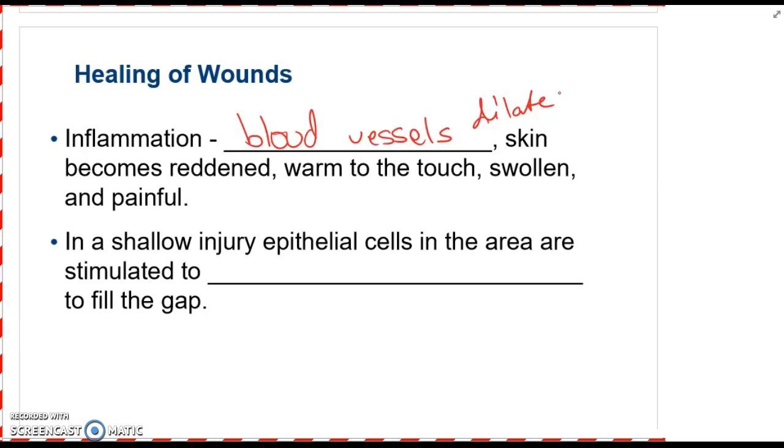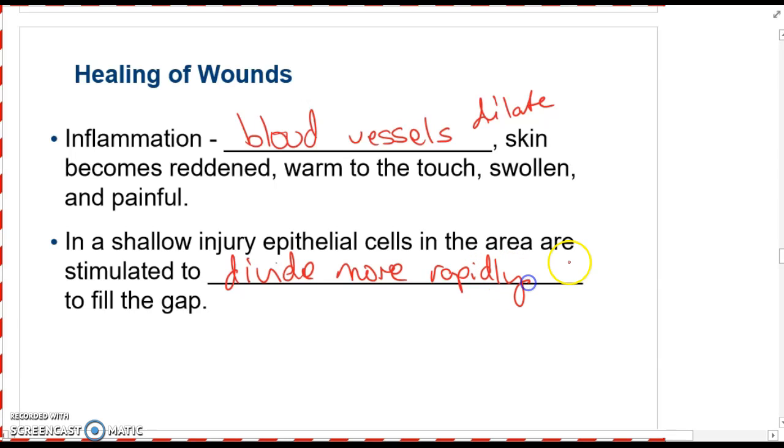Okay, so in a shallow injury, so that means not all the way down necessarily to the subcutaneous layer, those epithelial cells in the area are stimulated to divide more rapidly than usual.